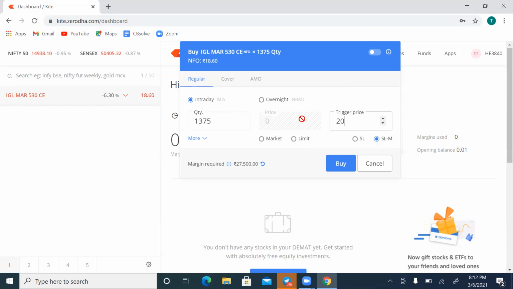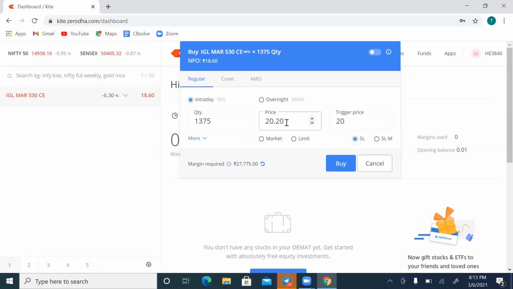Because we did not mention any price range, whereas if you mention a price between 20 and 20.30, then you are restricting the exchange to execute your trade between 20 and 20.30. Between this price range, the NSE exchange will try to execute the trade, and it will be added to our account.